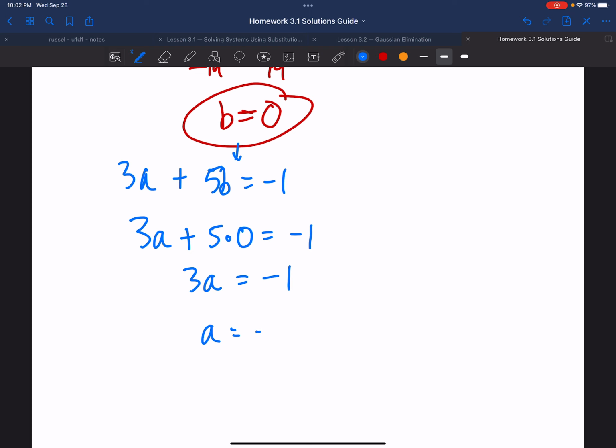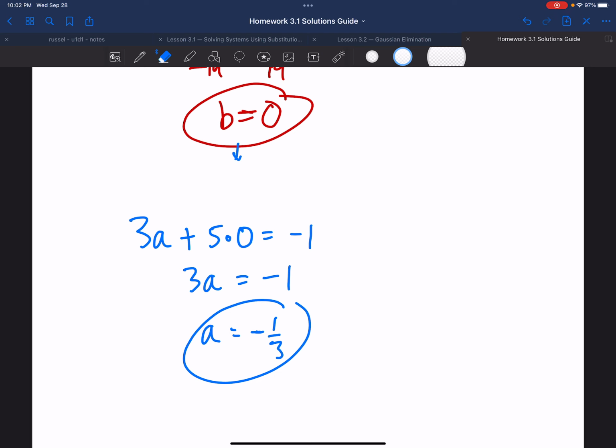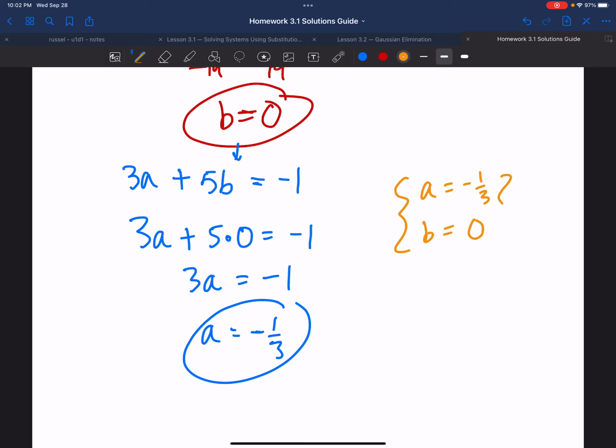A equals negative 1/3. All right? I don't really like how that line looks. I'm going to rewrite that line. 3a plus 5b. There you go. So my solutions are a equals negative 1/3, b equals 0.